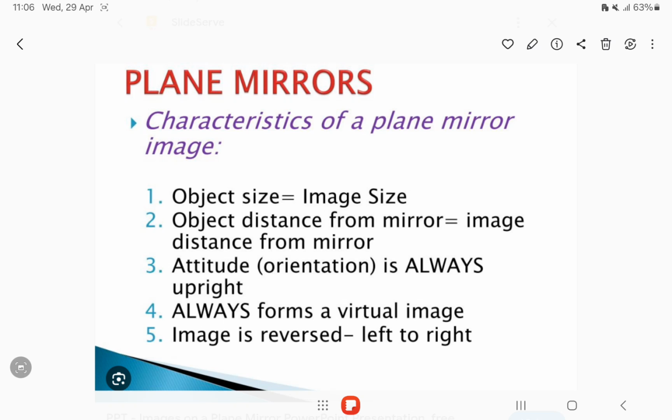Orientation is always upright, erect, it is always straight, horizontally flipped, and it is always in a plane mirror. In a plane mirror, the reflection is a virtual image, and the image is laterally reversed, left to right, horizontal.